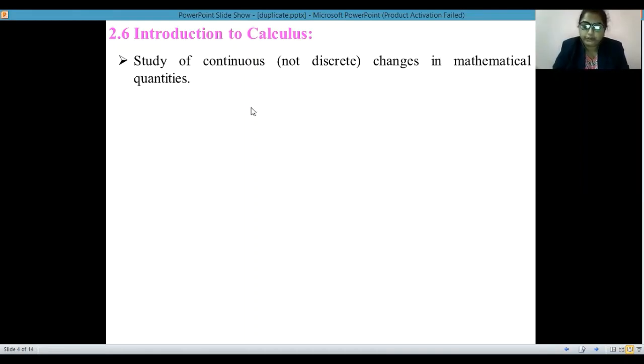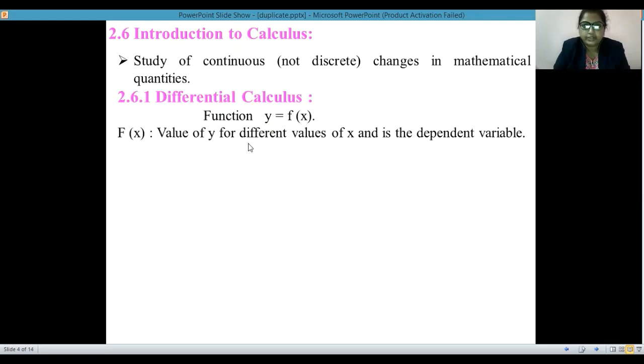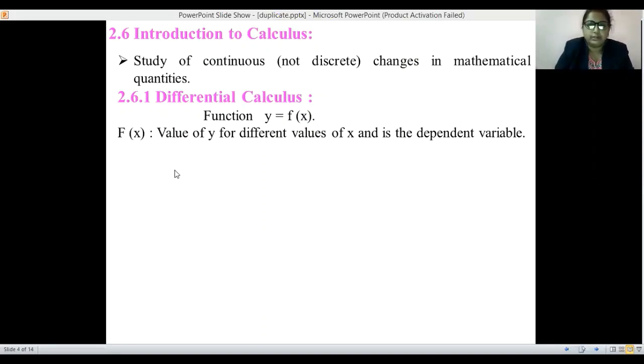From the two branches of calculus, we will see the first one, 2.6.1 differential calculus. Let us consider a function y is equal to f of x. Here x is called the independent variable and f of x, which is the value of y for different values of x, is the dependent variable, because it changes with x.